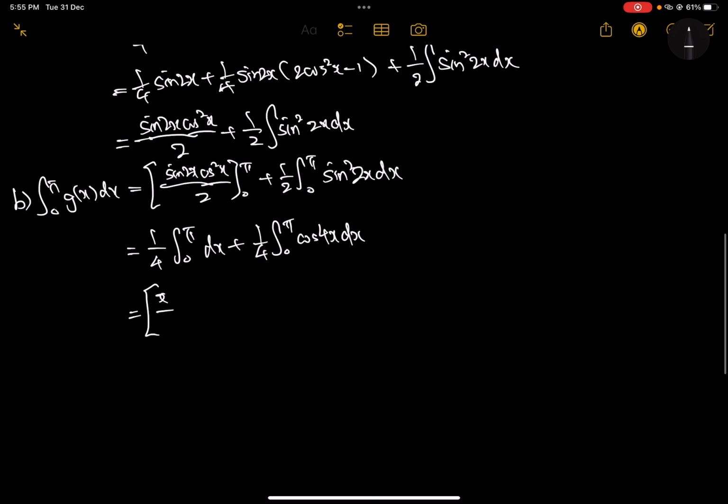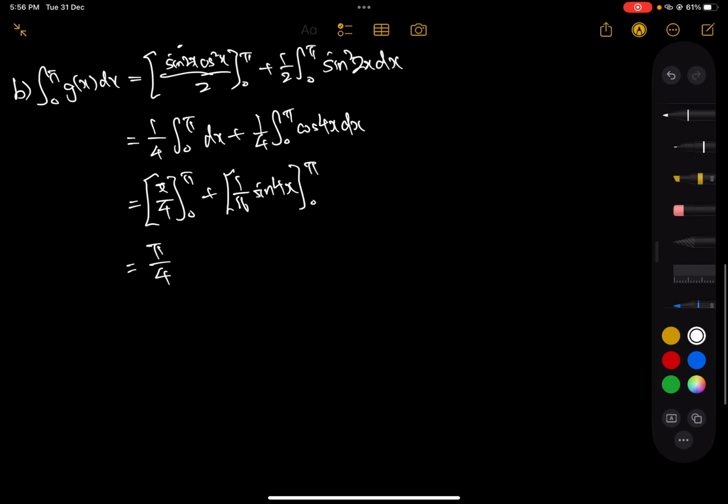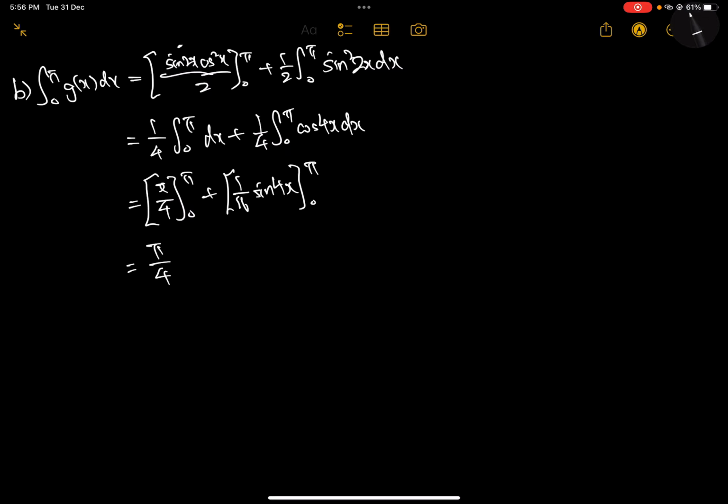This is x over 4 from 0 to pi plus, wait, is that 1 over 16? So cosine 4x, so sine 4x, okay, so 1 over 16 sine 4x from 0 to pi. The second part is 0, so we have pi over 4. And that's it for part B.